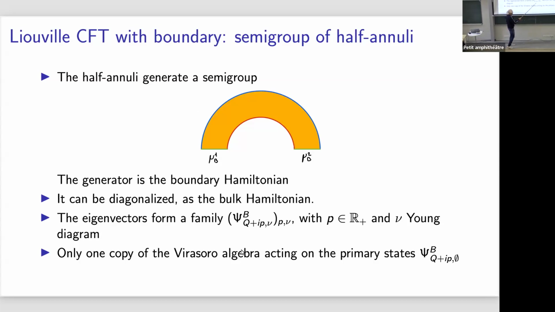But anyway, you can diagonalize this guy. You get a family of eigenstates. Again, they are indexed by Young diagrams, but now you have only one family of Young diagrams. This means that this underlies the fact that you have only one copy of the Virasoro acting on the primary state. Yes. What's the eigenvalue? It depends on mu_1 and mu_2.